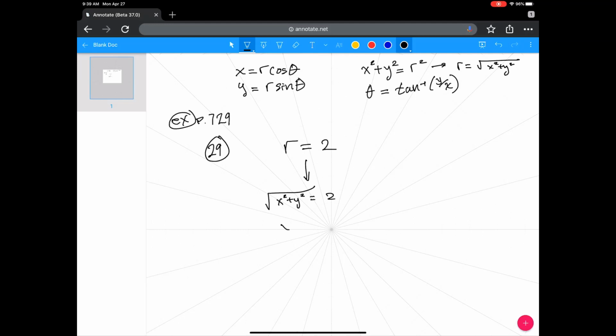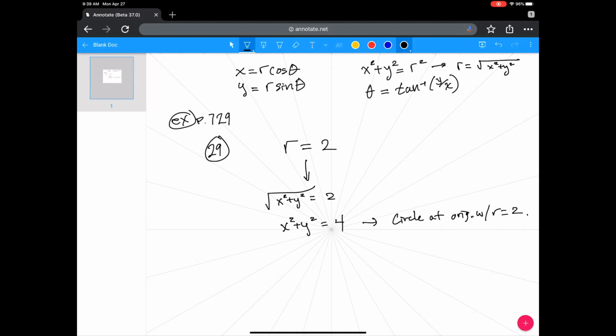If I square both sides, I get x squared plus y squared equals 4, which is the equation for a circle at the origin with radius equal to 2. This is a simple example because the equation is very simple, and hopefully we're somewhat familiar with the format for an equation of a circle.